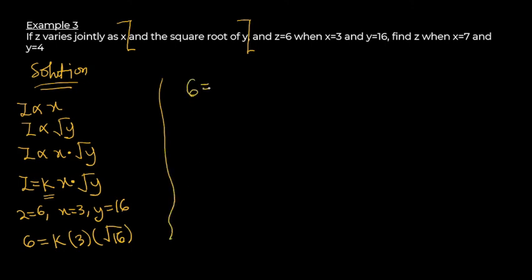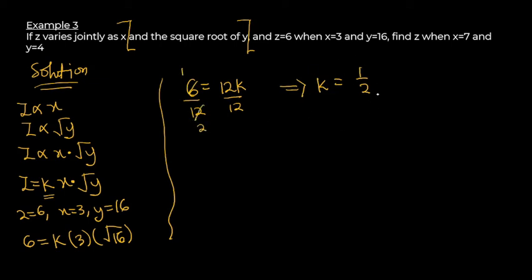We have 6 is equal to the root of 16, which is 4, multiplied by 3 will give me 12. So I have 12k. So I divide both sides by 12 to get the value of the constant. So my k is now equal to 1 over 2, because 6 goes into itself 1 and into 12 2 times.